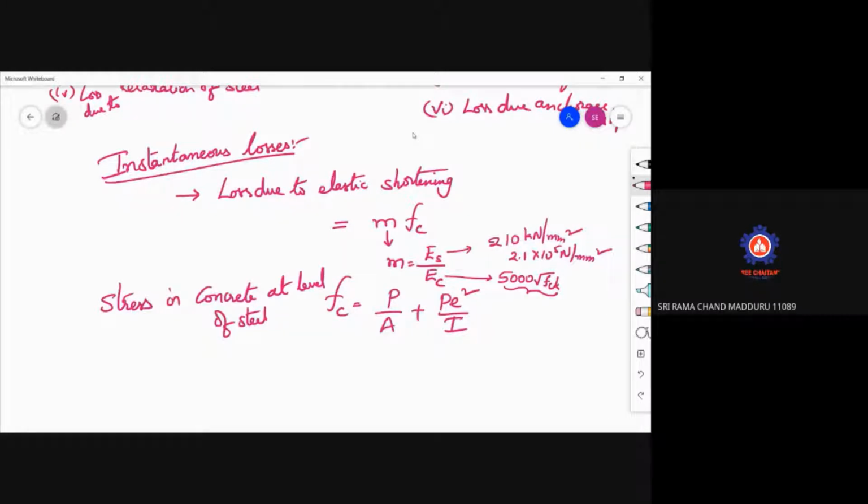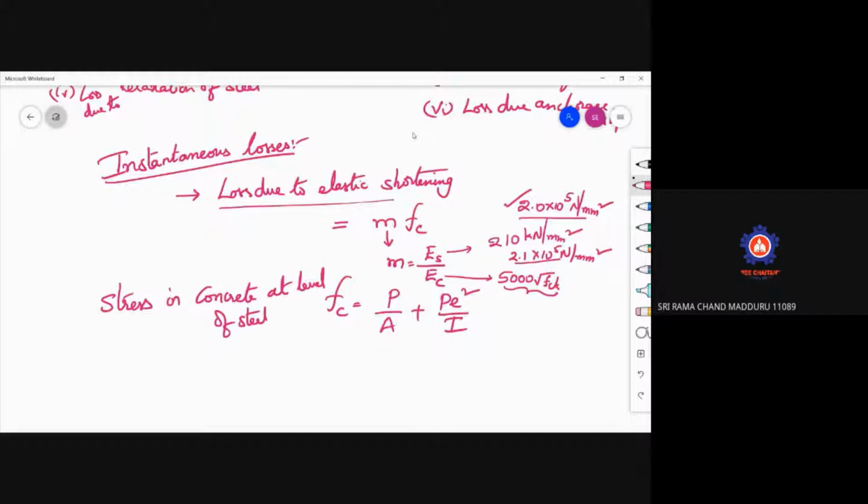Whereas for steel, if that is not given, you can take it as 2.1 into 10 power 5, or sometimes 2 into 10 power 5 will also be assumed. I think in the code provision it is given as 2 into 10 power 5 Newton per mm square, that will be assumed.